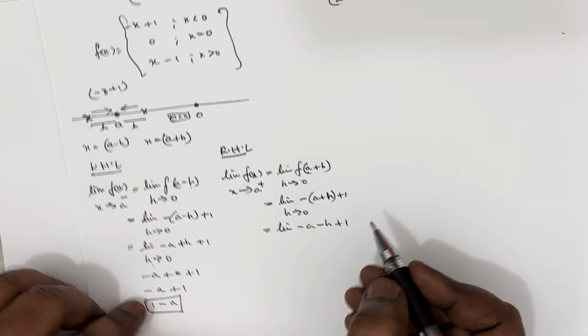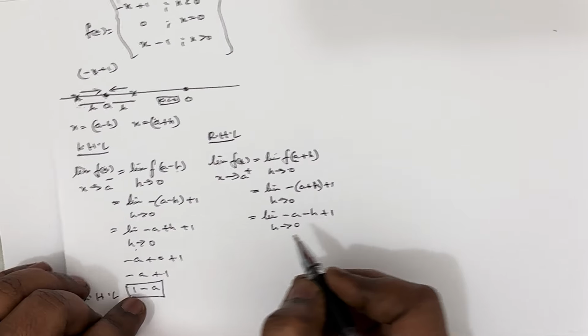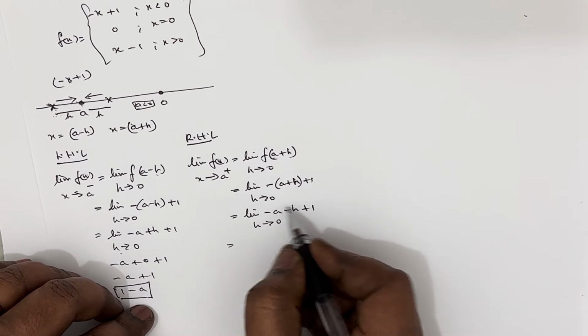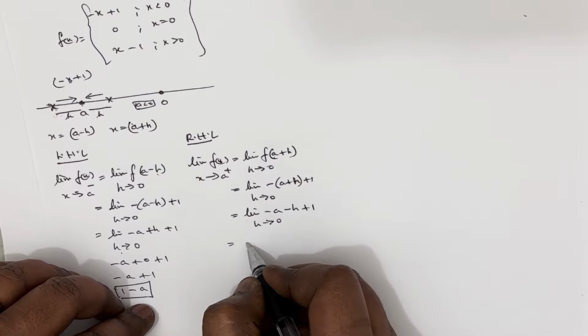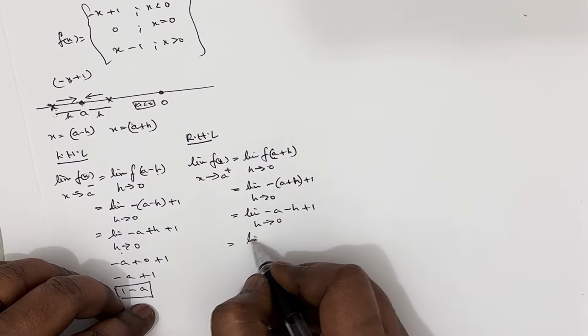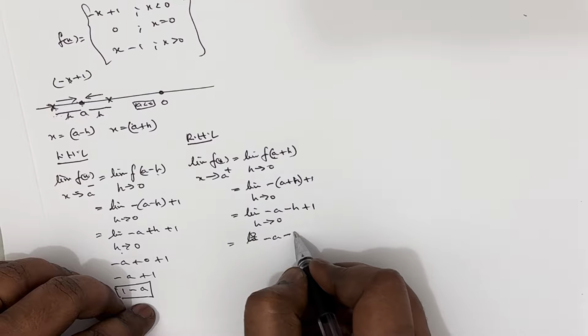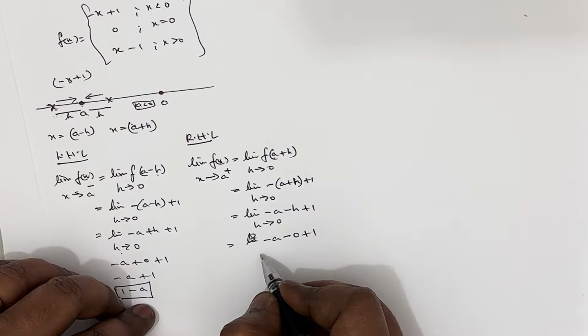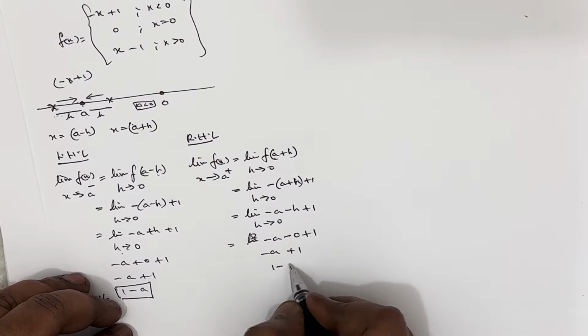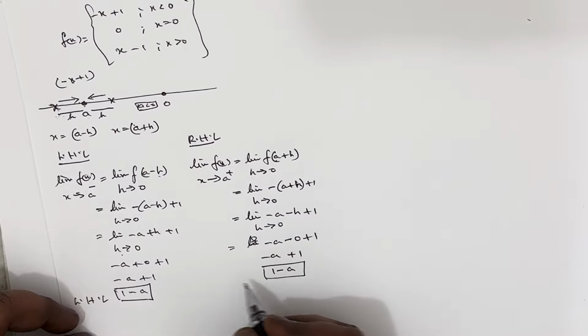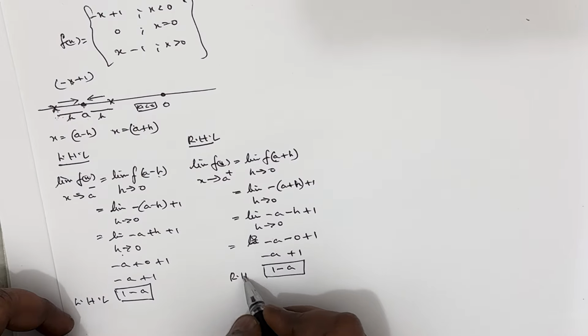Now replacing h with 0, we get minus a minus 0 plus 1. This can be written as minus a plus 1, which also can be written as 1 minus a. So this is the right hand limit.